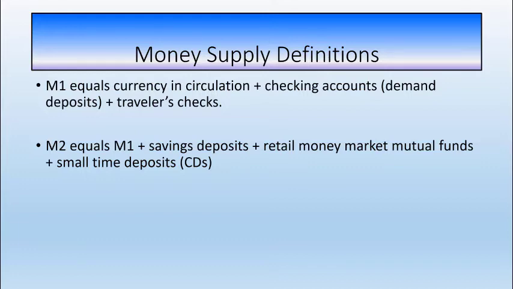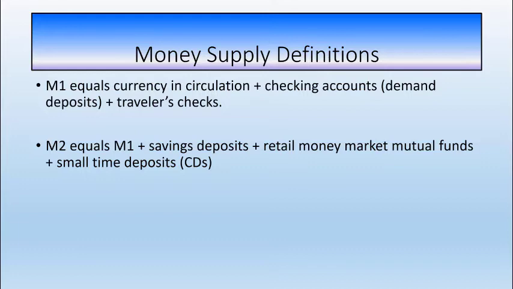It's composed of checking accounts, because you can take a checking account and convert that pretty quickly into currency. They're often called demand deposits, because you can go on demand and pull that money out of a bank, and the bank is required to give you your money on demand. That's why they're called demand deposits. So it's very liquid. Then there's traveler's checks, and we're not going to worry about traveler's checks. They're not used very much anymore, and it's a very small amount of the money supply.